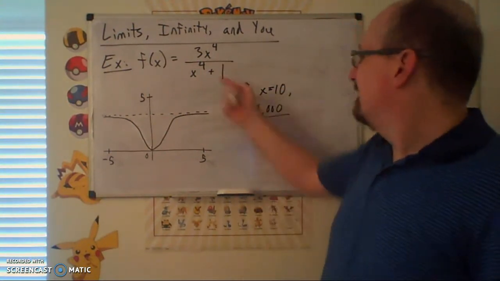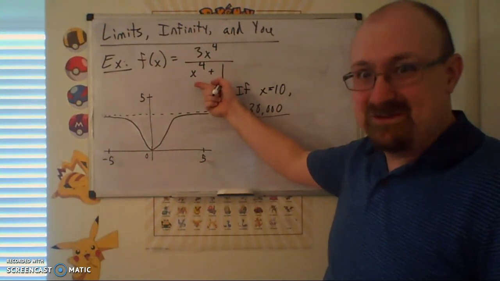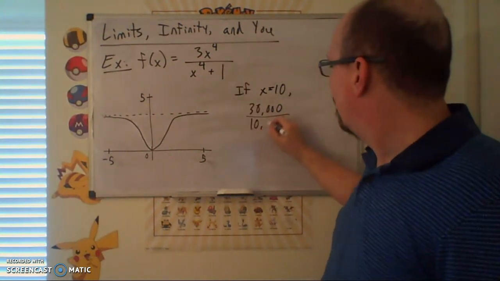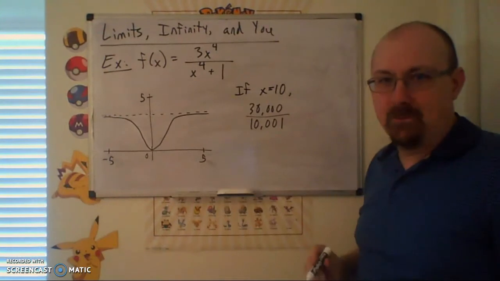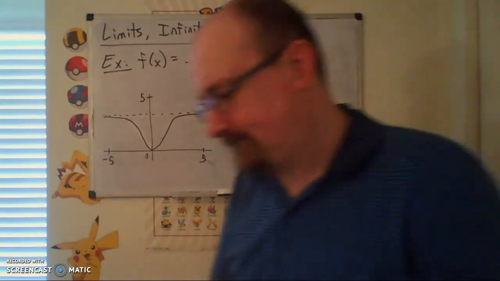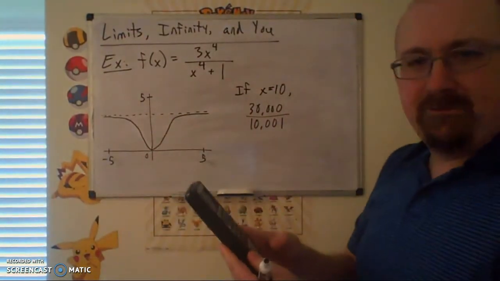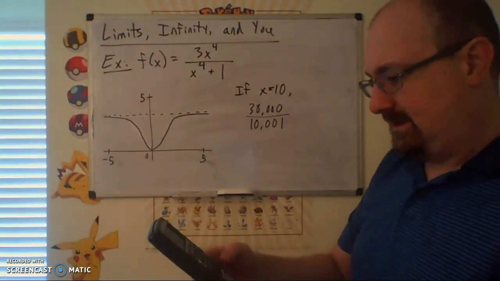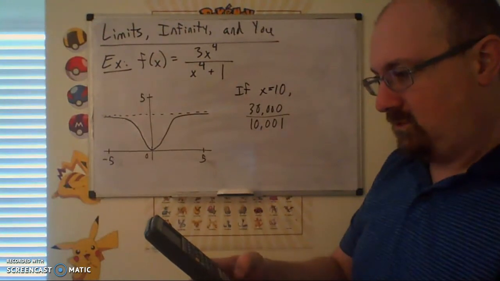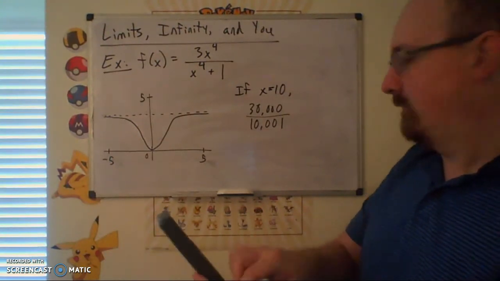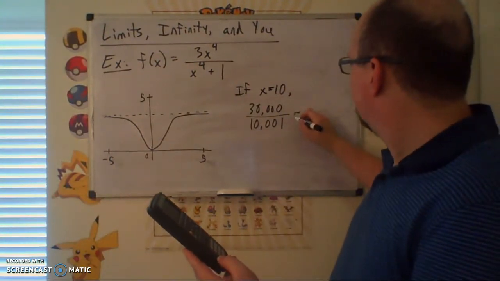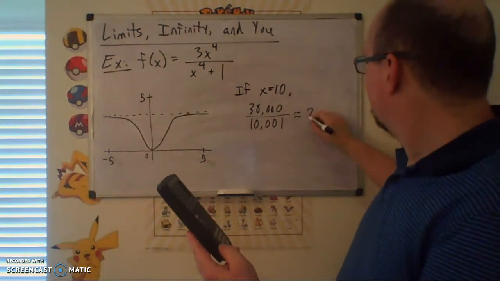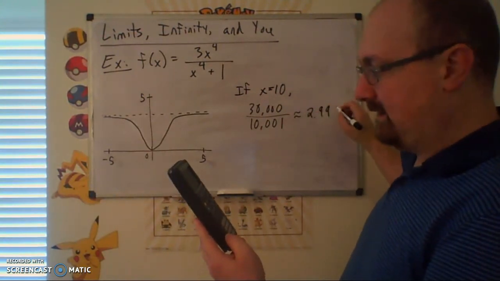Down below, x to the 4th for a value of 10 would be 10,000, plus 1, we have 10,001. So, real quick, let me fire up my favorite calculating device and work out what 30,000 divided by 10,001 is. I'm having to round here, but it's 2.9997.